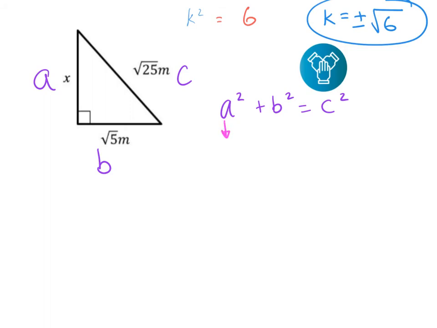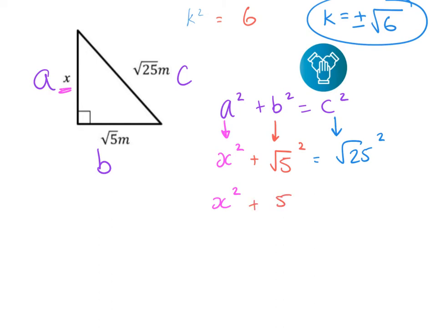So instead of putting the a squared, we're going to put x squared. And instead of putting the b, we're going to put root 5 squared. And instead of putting the c, we're going to put the root 25 squared. And then when we simplify that, we still have the x squared. Root 5 times root 5 is 5.